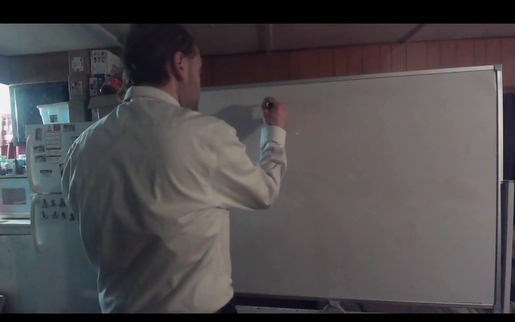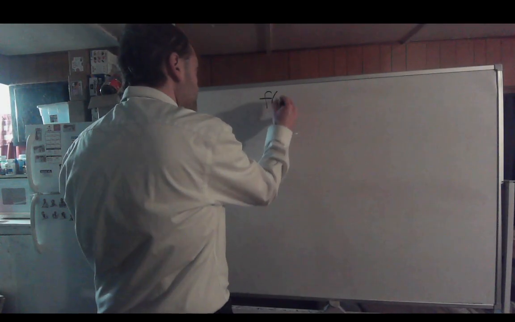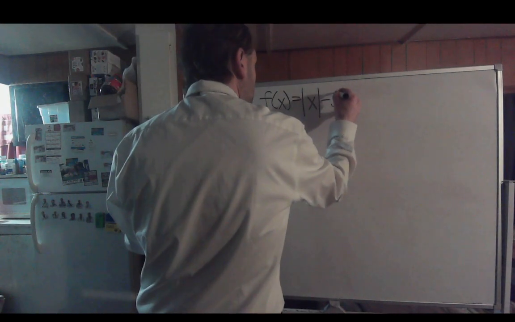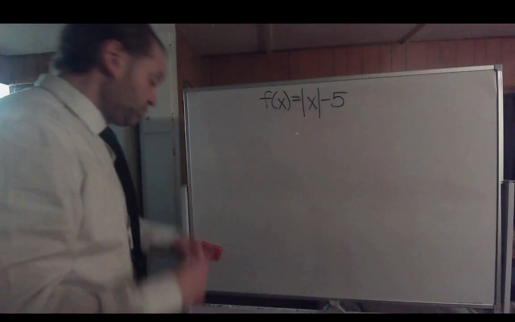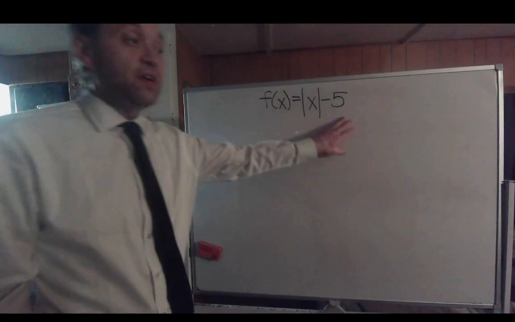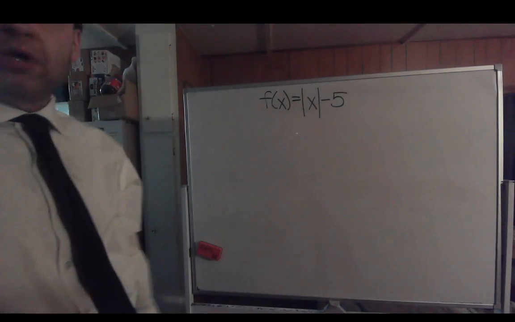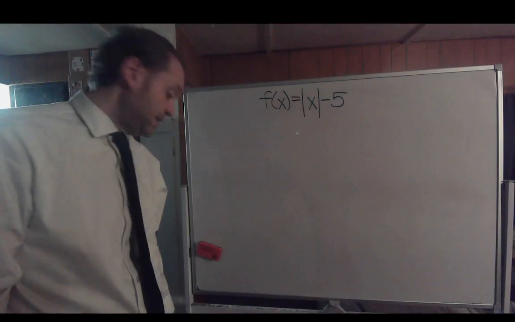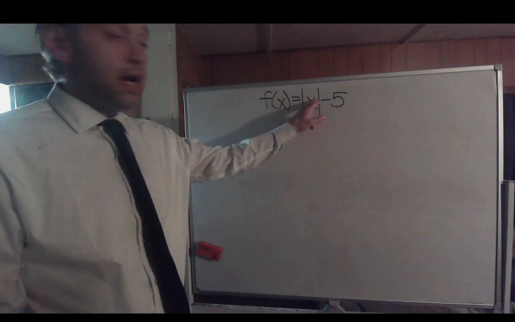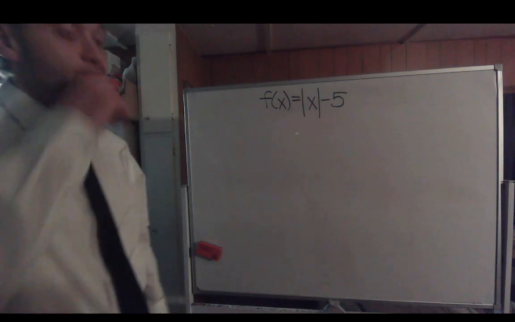All right, what about this one? They try to trick you a bit. Is this one, f of x equals the absolute value of x minus 5, a linear function? Well, it's definitely a function, but is it linear? Your first thought might be to say yes, because the power is to the first power.